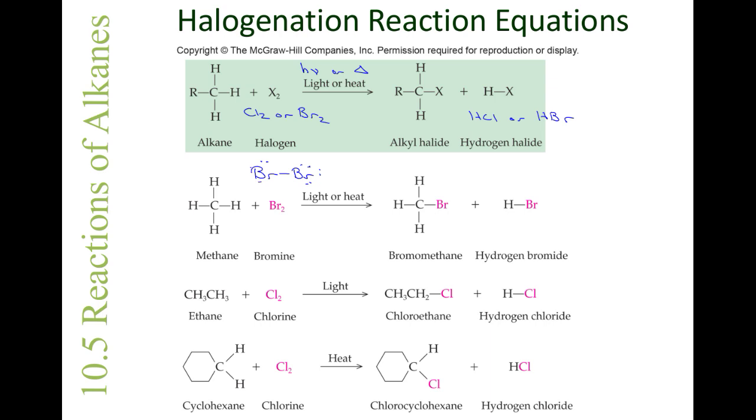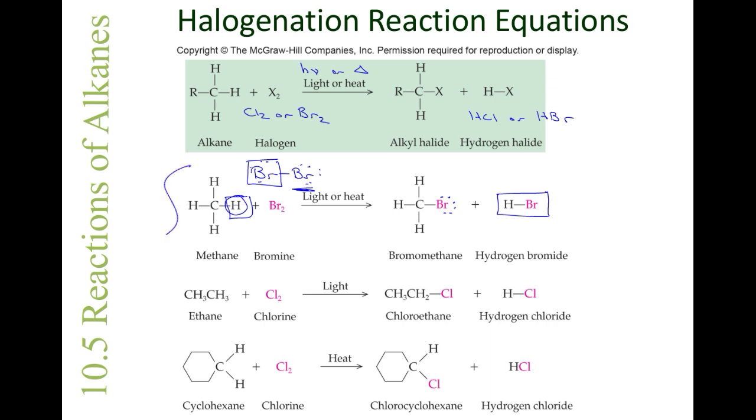All you're doing is you're substituting the hydrogen atom for a bromine atom. So you can see that you lose a hydrogen atom and the bromine atom gets added. So what are you left with? After you add this bromine atom, you're left over with bromine and hydrogen, which combine to give you hydrogen bromide. So that's the substitution reaction.